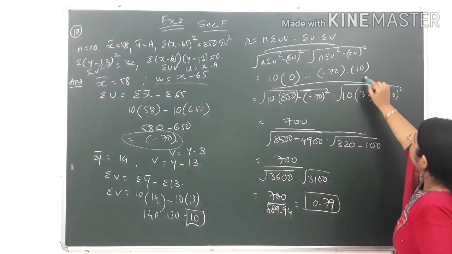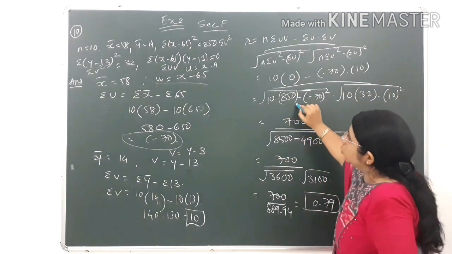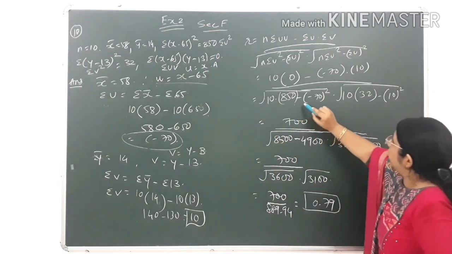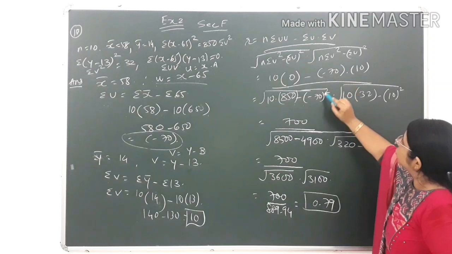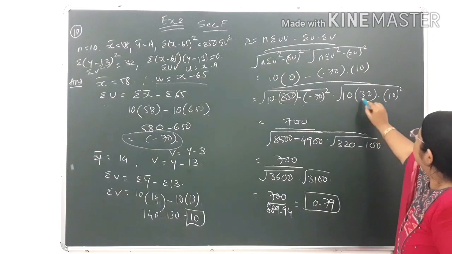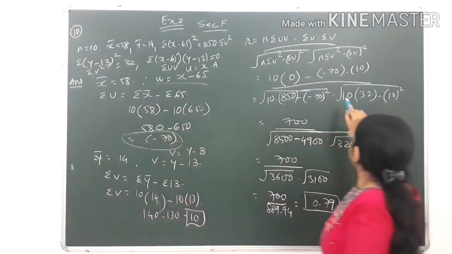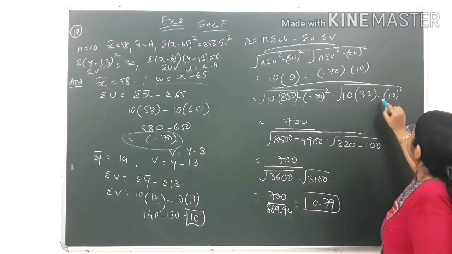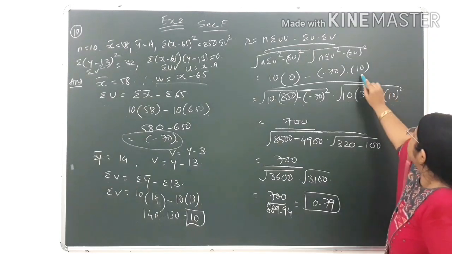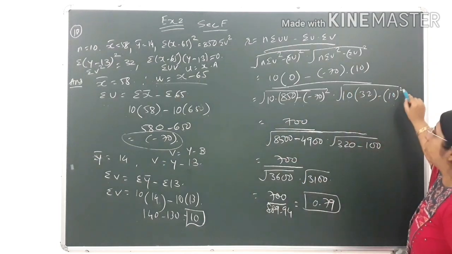So minus minus 70 into 10 upon under root of n, that is 10, into sigma u square that is given in the question, that is 850, minus sigma u whole square, so negative 70 whole square, into under root of n, again 10, sigma v square that is given in the question, that is 32, so 32 into 10 minus sigma v whole square. Sigma v that we found out already is 10, so 10 square over here.